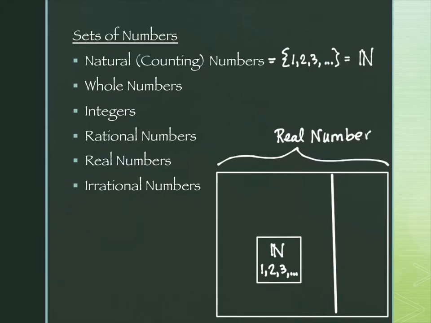So what we're going to do is draw a box around the box of N. That box is going to include all the numbers 1, 2, 3, 4, but it's also going to include the number 0. So if you want to write them out, we're going to start with 0 now. And those numbers are called the whole numbers.